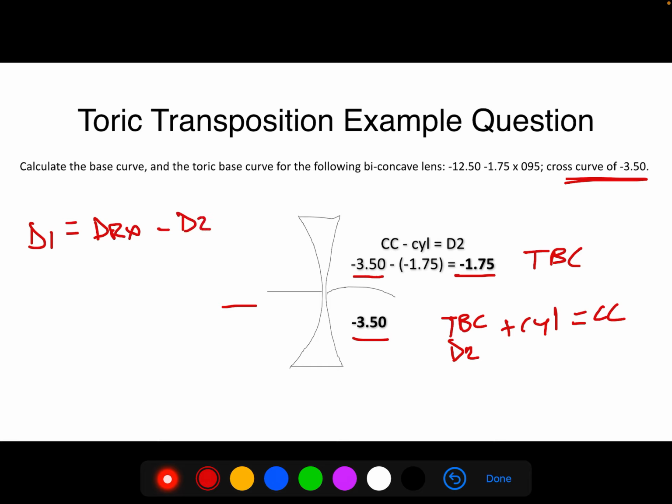And if we plug in our variables, we're going to find ourselves with a minus 12.50 for the sphere power and the prescription. And our D2 we calculated to be a minus 1.75. So our base curve is going to be a minus 10.75.